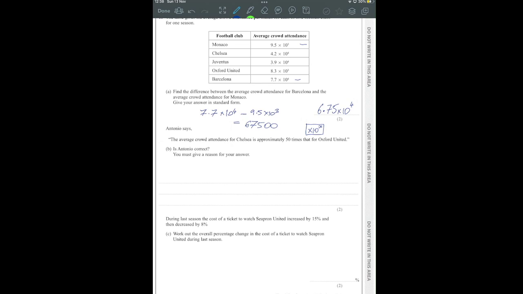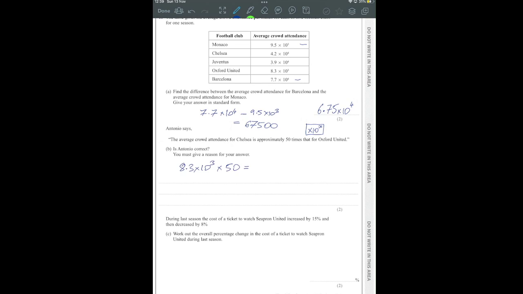Antonio says the average for Chelsea is approximately 50 times that for Oxford. Well, let's check that. We're trying to determine whether this is true or not. So I'm going to take Oxford's average and see if I do multiply this by 50, do I get anywhere near the claimed Chelsea's?